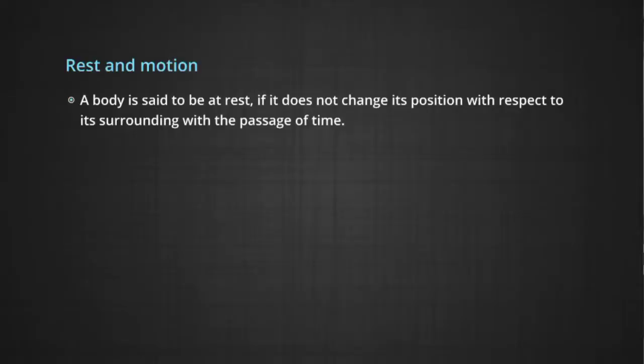We say an object is at rest if it does not change its position with respect to its surrounding as the time elapses. So, three things are there: the object, which is a rigid object, the surrounding, which is what is around it, and the time elapsed. All these considerations together will give us a sensation of whether the object is moving or not.